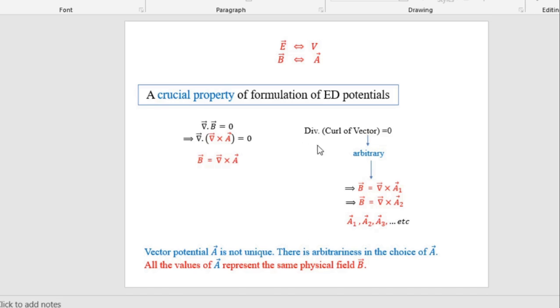Now the important point is that the vector in this principle is an arbitrary vector.